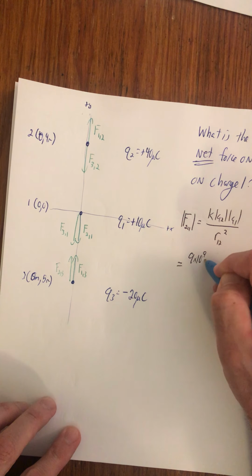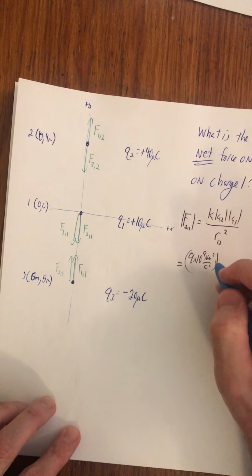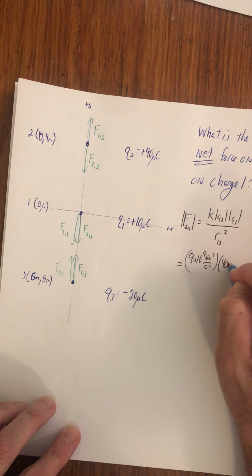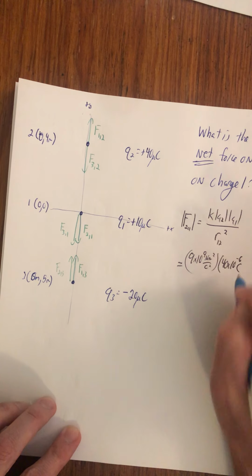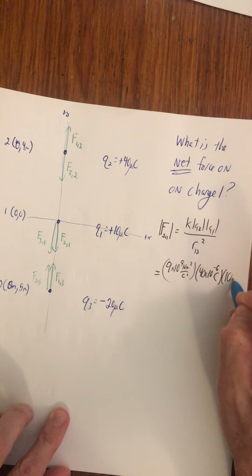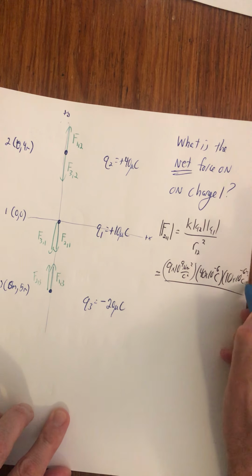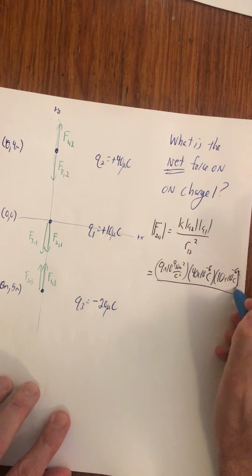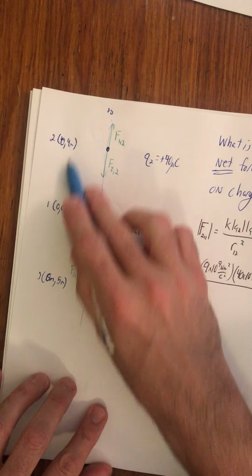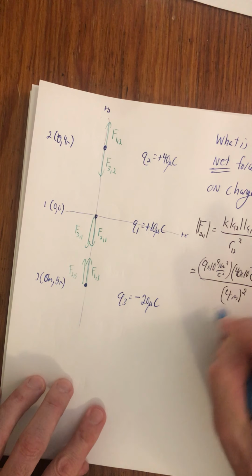So 9 times 10 to the 9th newtons meters squared over Coulomb squared, Q2 right there, 40 microcoulombs, so let's put that in, right? And then we'll do Q1, 10 microcoulombs. And how far apart are they? 1 and 2 are 4 meters apart. Boom. So we'll put that in and then squared.